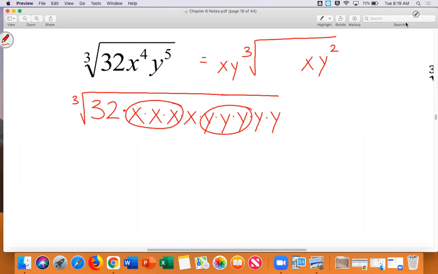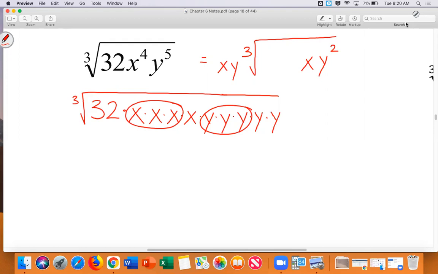Here's an easy way to do it. How many times does 3 go into 4? So I pulled out 1 X. How much is left over? 1, so it's what's left inside. How many times does 3 go into 5? So I pulled out 1 Y. How many was left over? That's why there were 2 left.